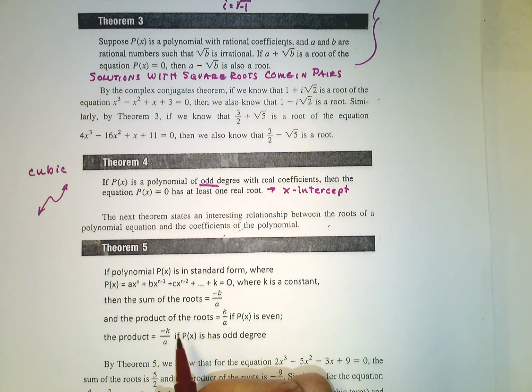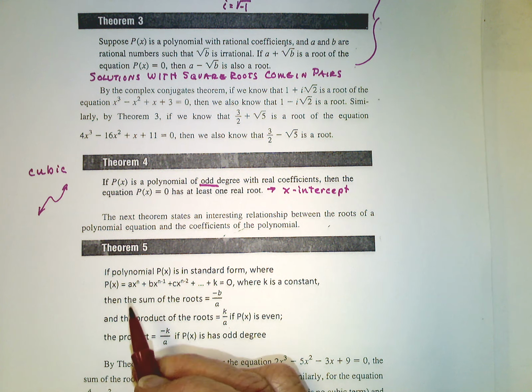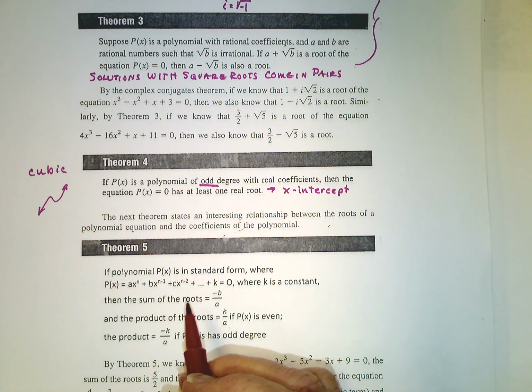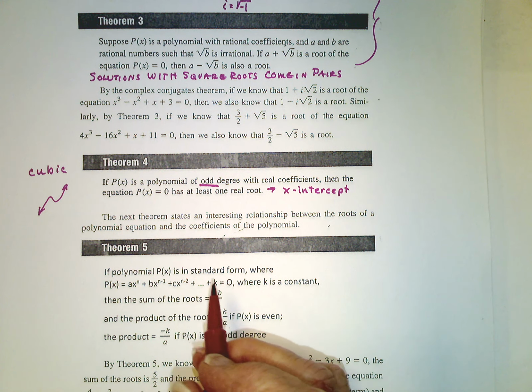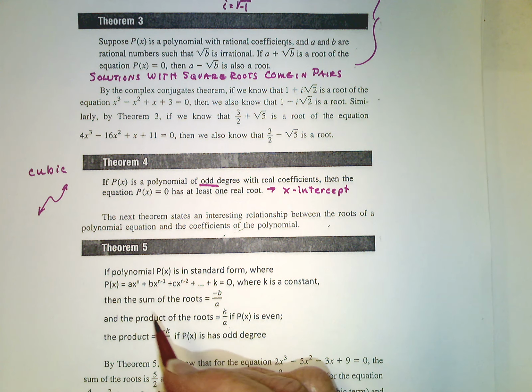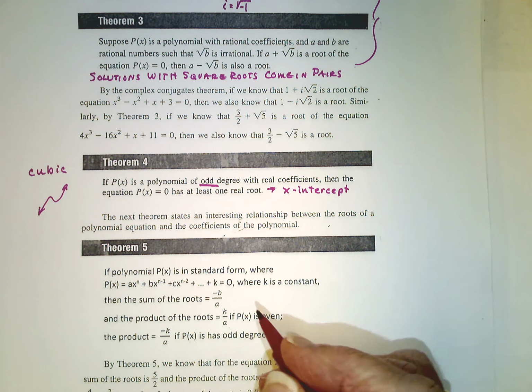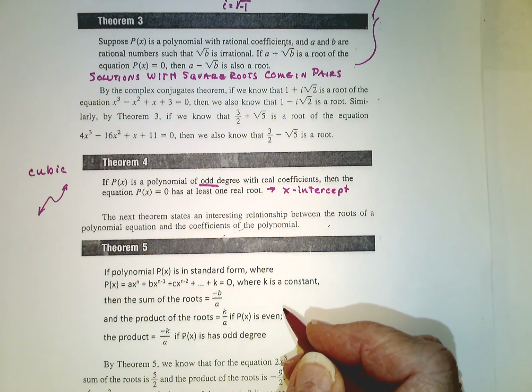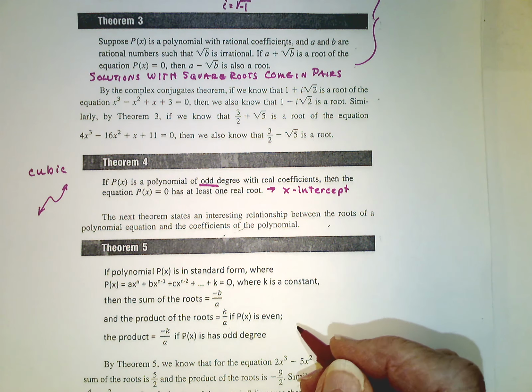If the polynomial has an odd degree, then the product of all the different roots would be the opposite of k over a. So if this one was a fifth degree, you would have to take the opposite of the constant divided by the leading coefficient to find out what the product of the roots is. I wanted to include this one because it's appeared on the SAT.